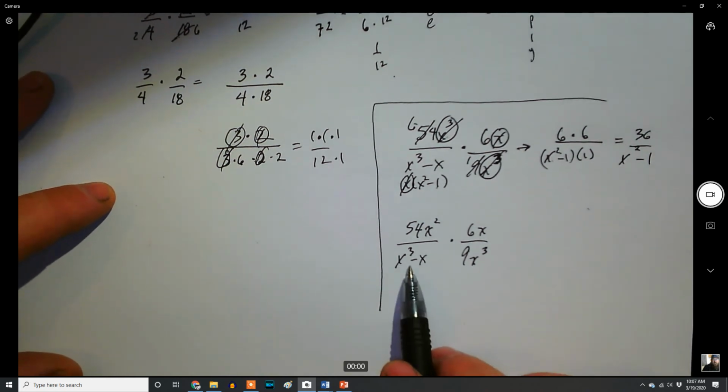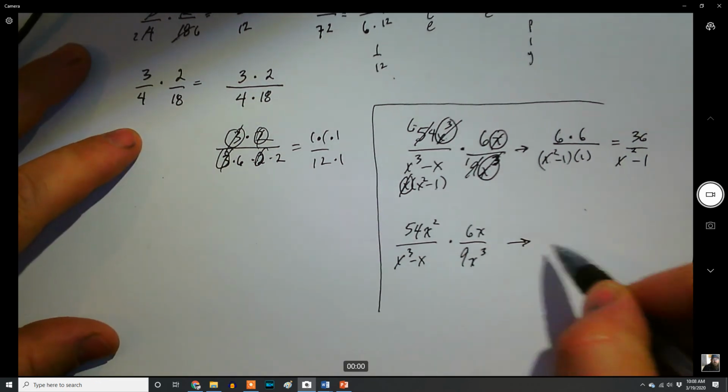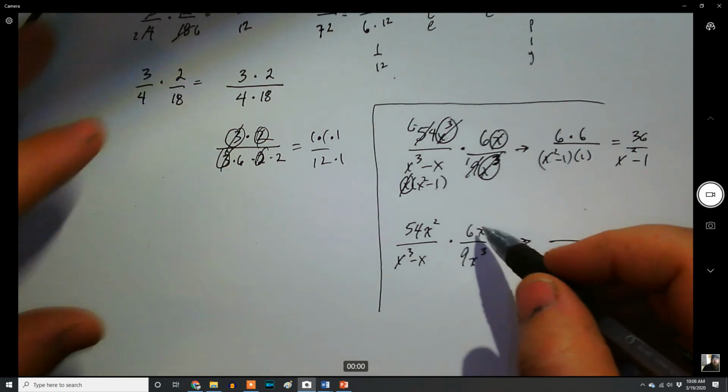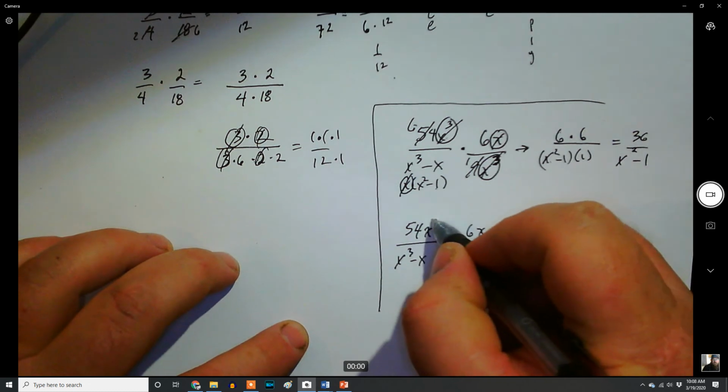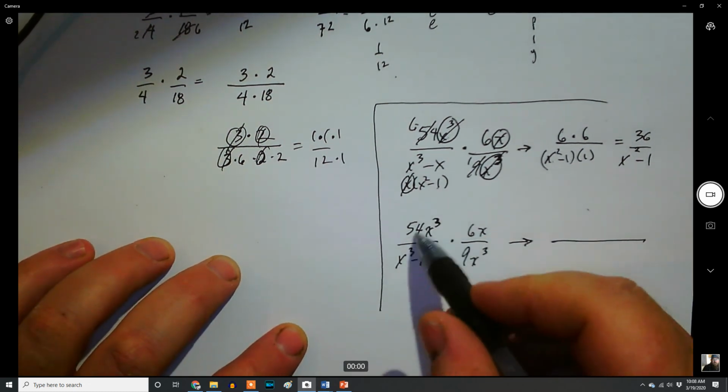So here's probably how I would have done this problem if it was me doing it on my own. I'd probably just write the fraction. I would say, well, I can reduce this whole thing by x.